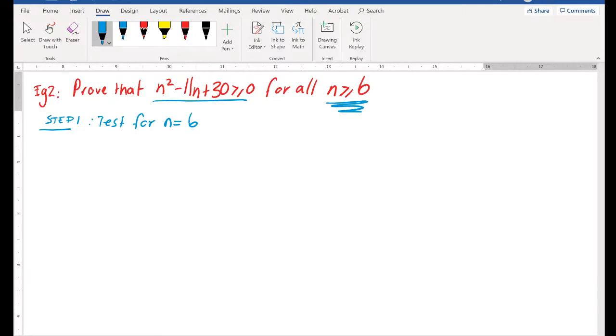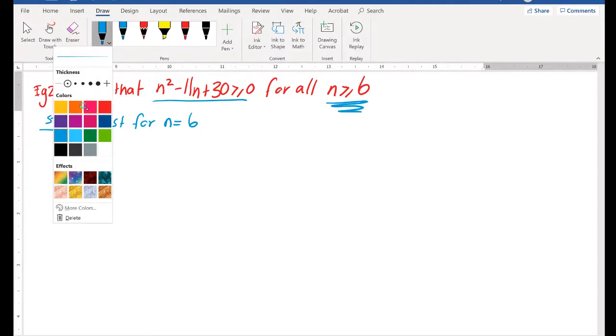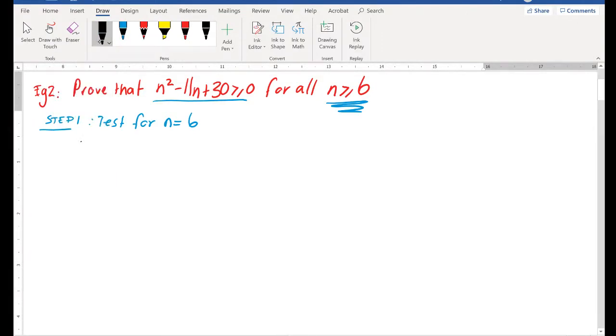My first value to put in is 6. And when I do that, I'm going to get 6 squared minus 11 lots of 6 plus 30 is greater than or equal to 0, which gives me 36 minus 66 plus 30 is greater than or equal to 0, which gives me 0, which is greater than or equal to 0, therefore true.